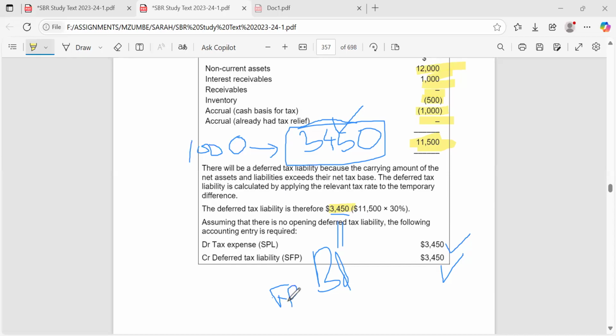In the statement of financial position, we would have said our new balance is 3450, right? But in the statement of profit or loss, we look at the increment. It has increased from 1,000 to 3450. So the difference is actually 2450. And this is what I would have written.